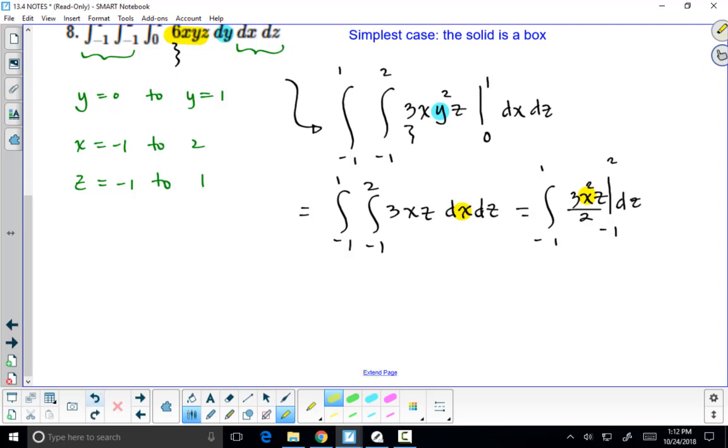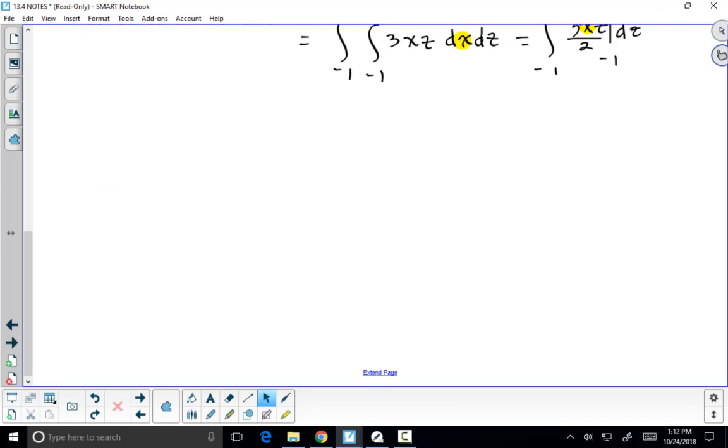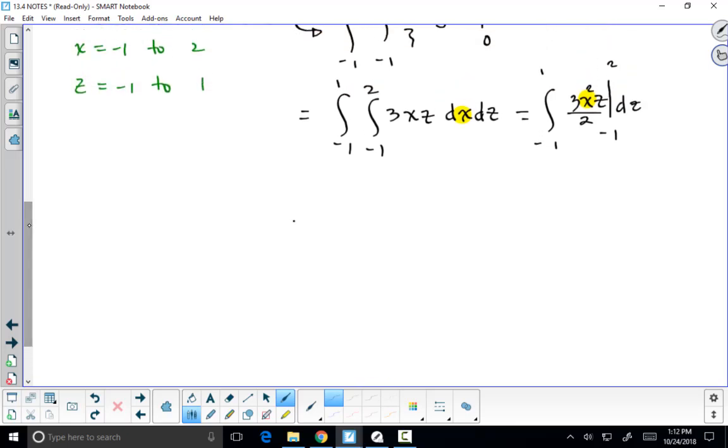Very easy to goof that up and plug in for the wrong letter. Okay, so then in our substitution, we get 4 minus 1, so that's a 3. So we end up with 9 halves z.